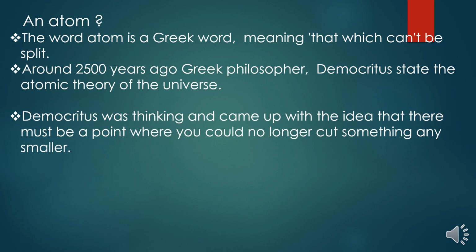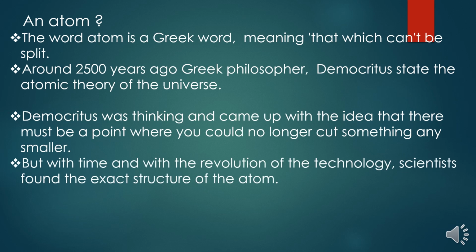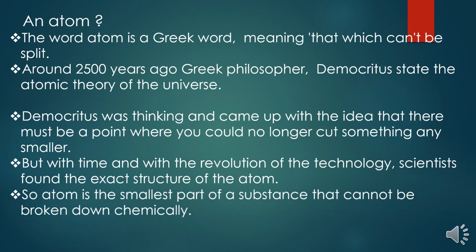Democritus was thinking and came up with the idea that there must be a point where you could no longer cut something any smaller. But with time and the revolution of technology, scientists found the exact structure of the atom. So, an atom is the smallest part of a substance that cannot be broken down chemically.